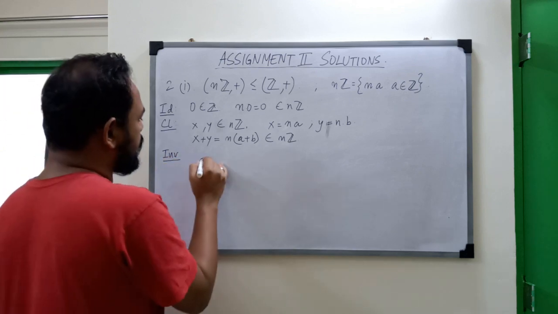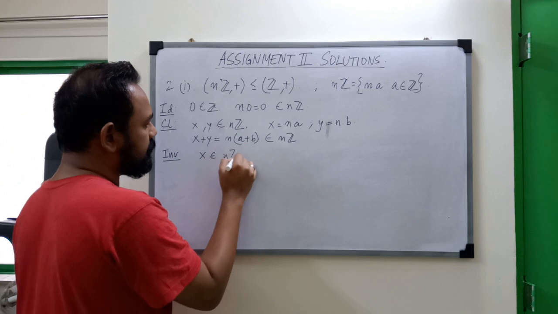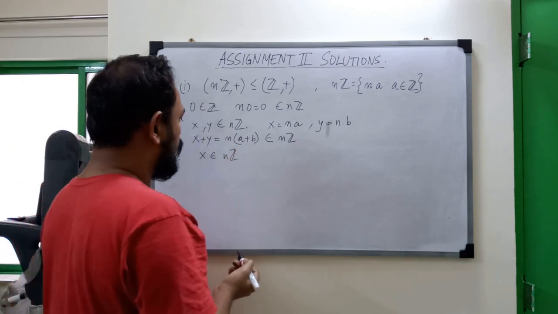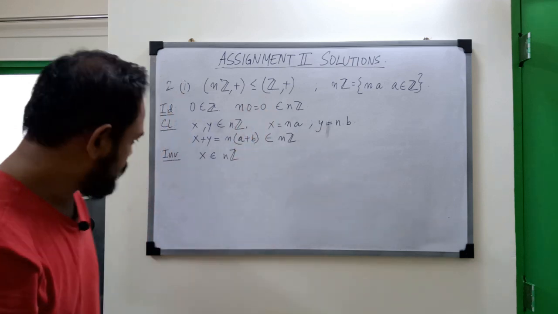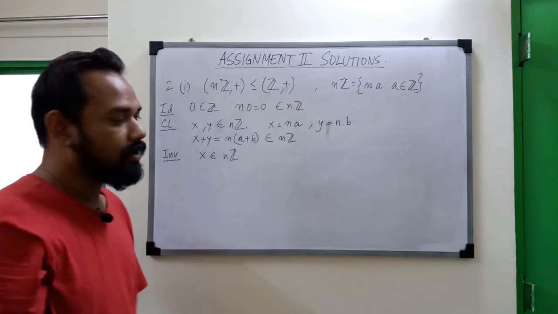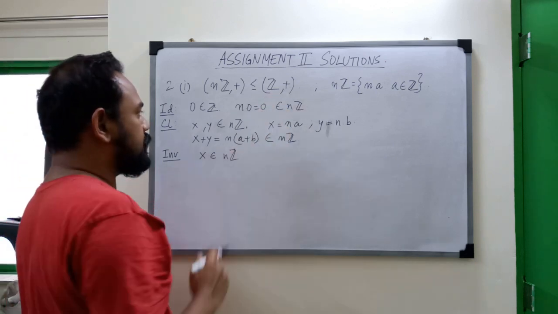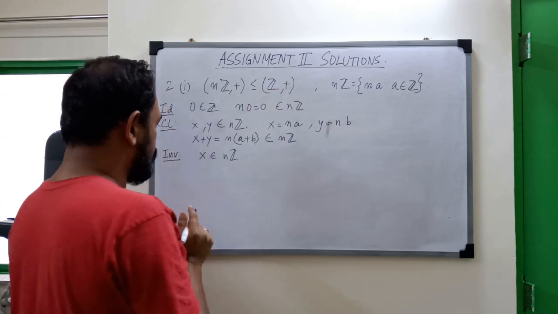The inverse: if X is an element of NZ, what's the inverse of X in Z? It's minus X, the negative of X, because we're dealing with plus, which is the additive binary operation here.